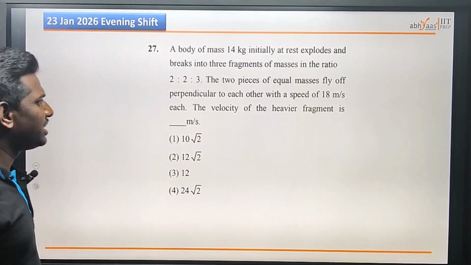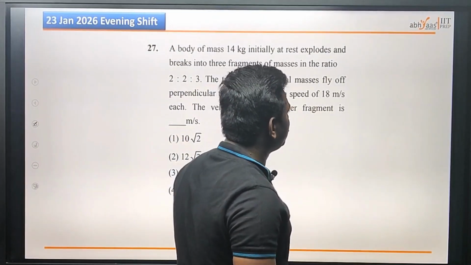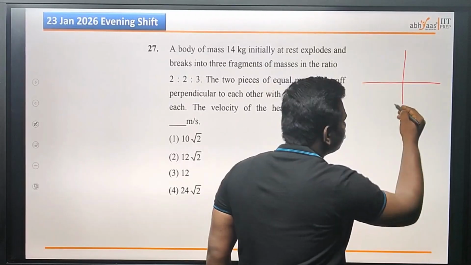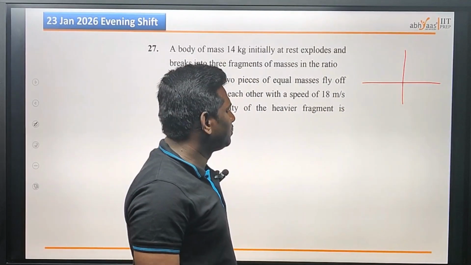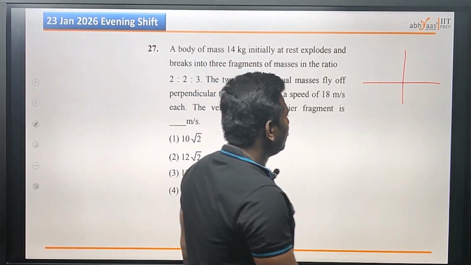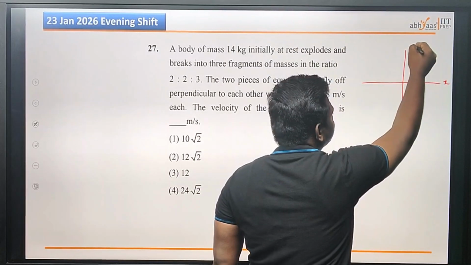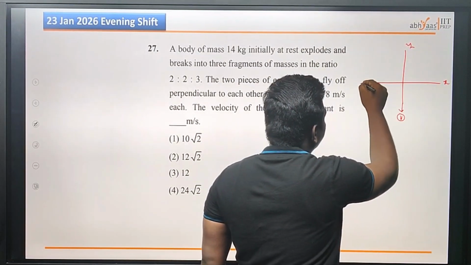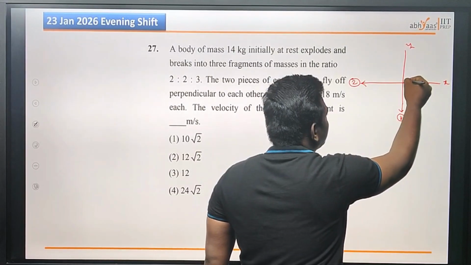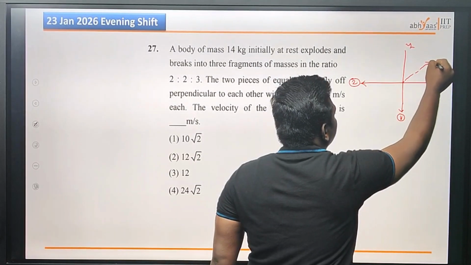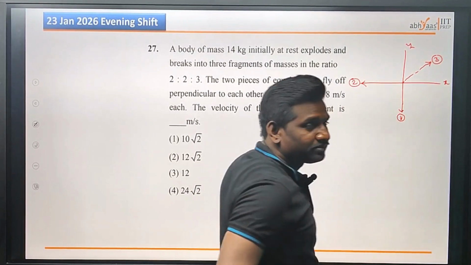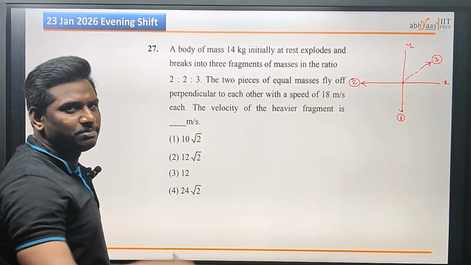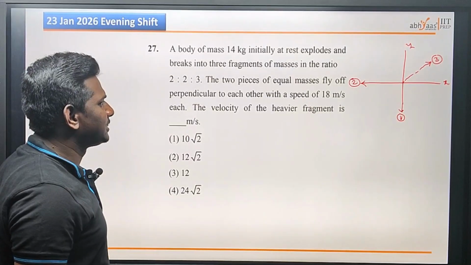When we are studying the law of conservation of momentum, a bomb explosion is one of the best examples. So see here, take this x-axis and y-axis. If particle 1 and 2 are perpendicular to each other, then the third will go in another direction, in the xy plane at 45 degrees.